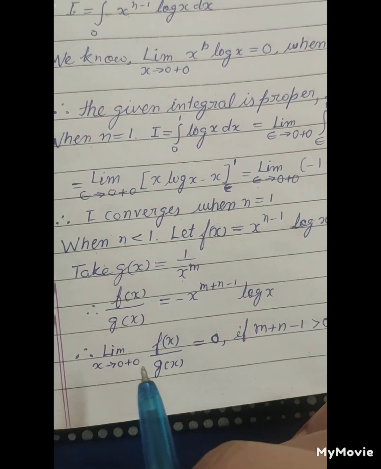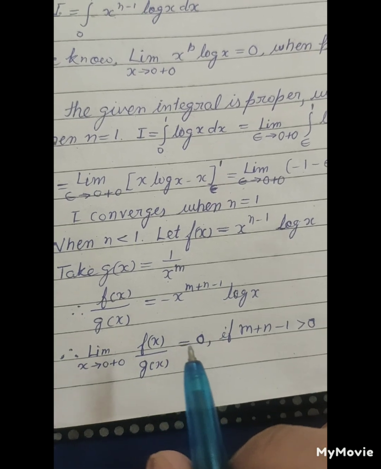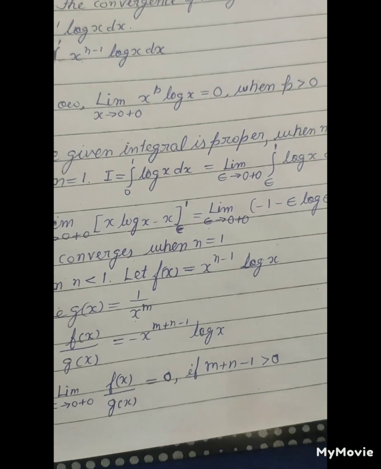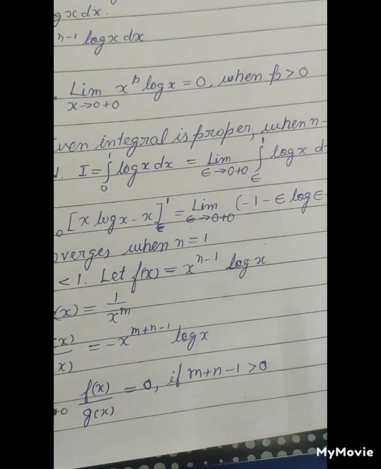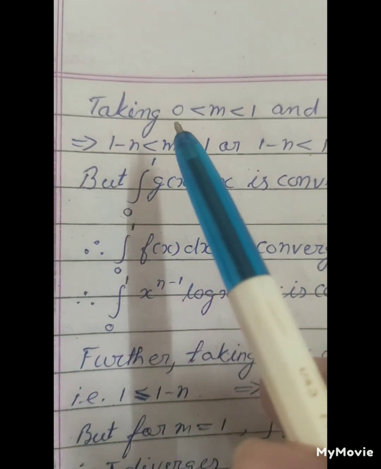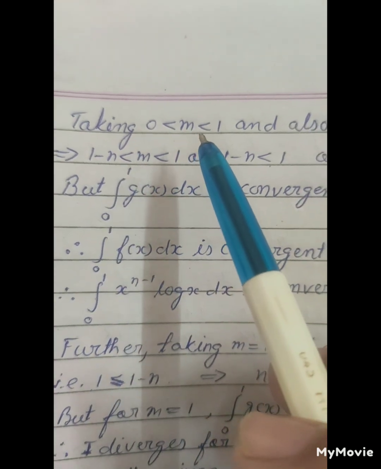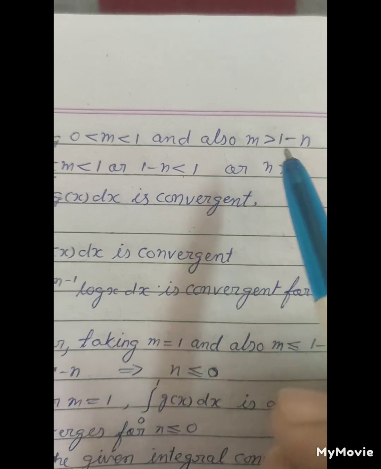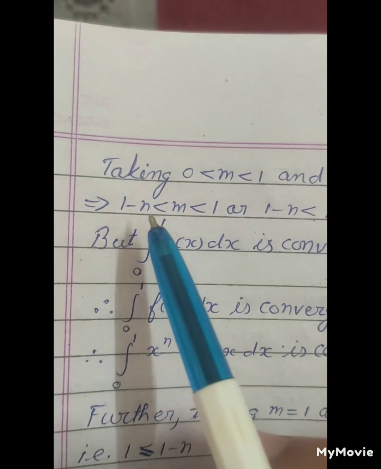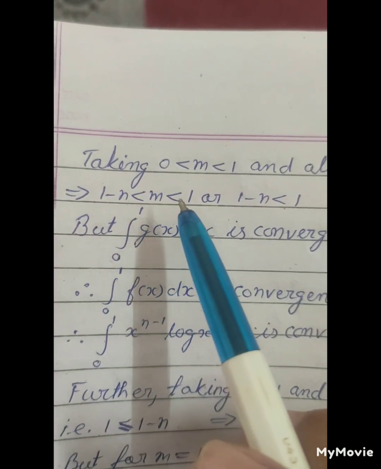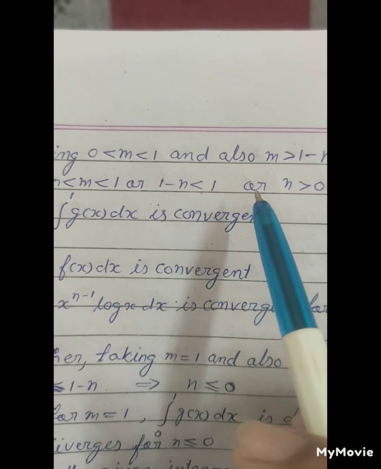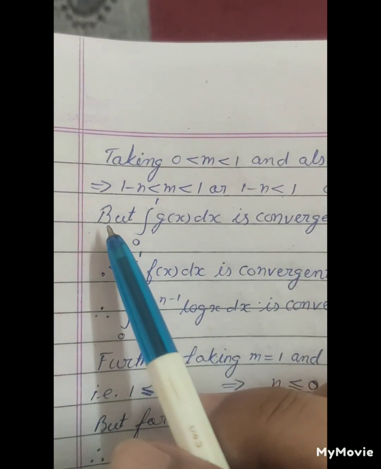So the limit as x tends to 0 plus of f of x upon g of x is 0 if m plus n minus 1 is greater than 0. Taking 0 is less than m is less than 1, and also m is greater than 1 minus n, which implies 1 minus n is less than m is less than 1, or 1 minus n is less than 1, or n is greater than 0.